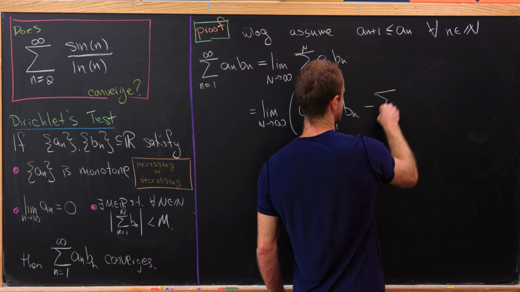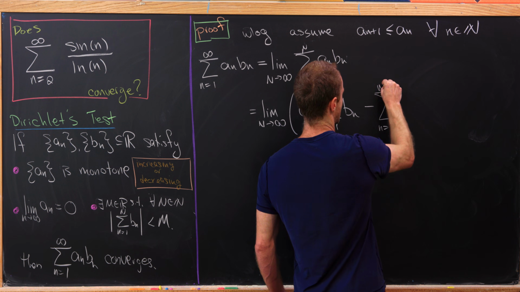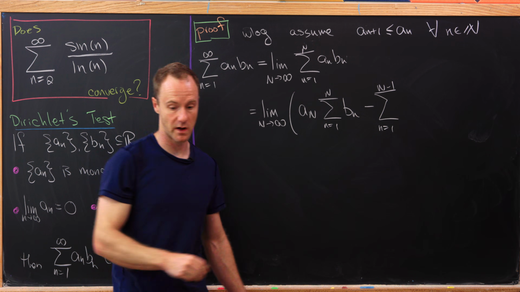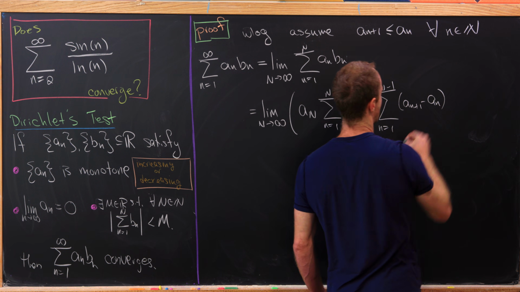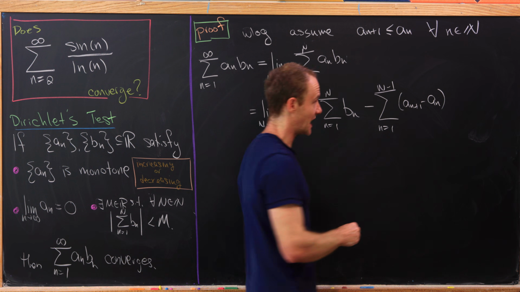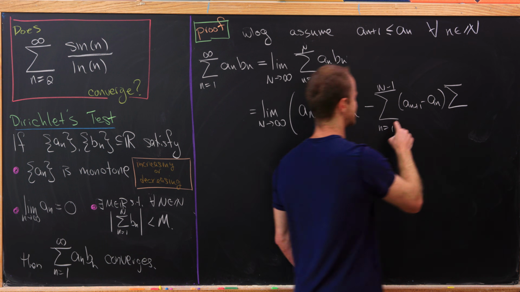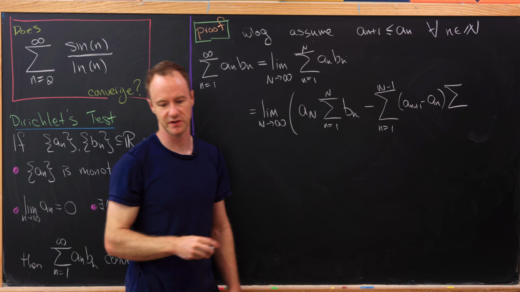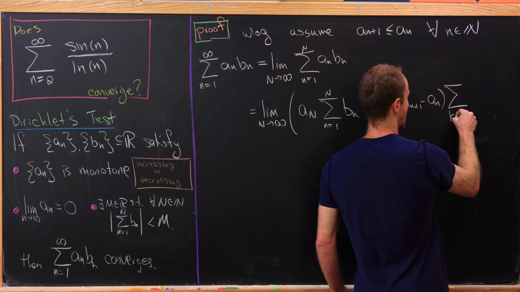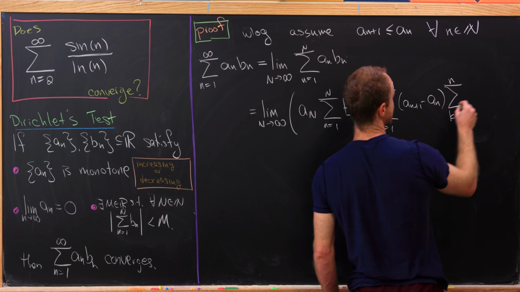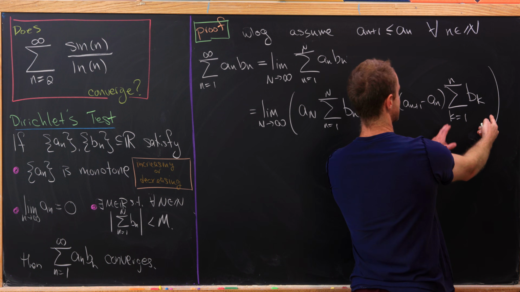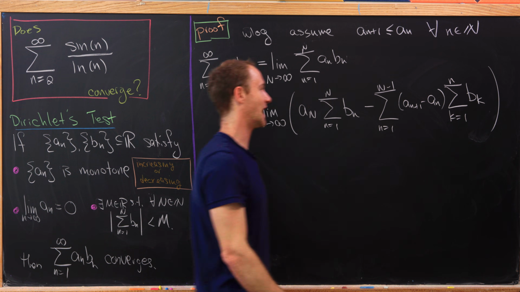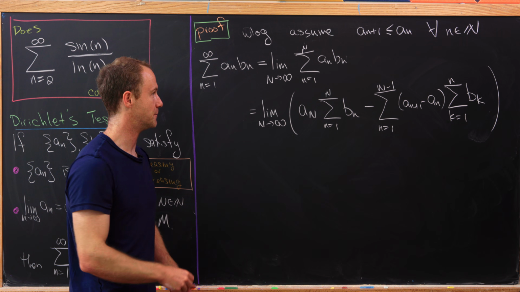Then we'll subtract from that the sum as n goes from 1 to capital N minus 1 of this difference, a sub n plus 1 minus a sub n, times a sum which is inside of this other sum. So it'll be the sum as k goes from 1 to lowercase n of b sub k. So I guess it's important to notice that this sum right here is inside of the n sum.